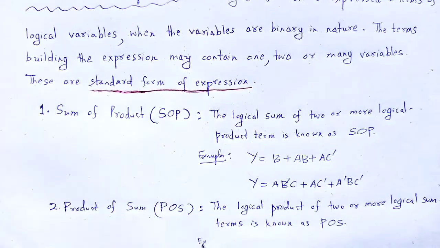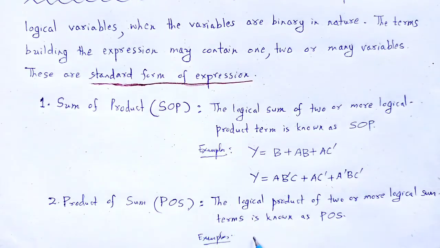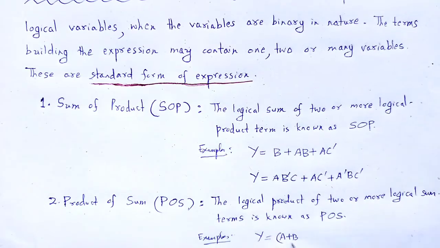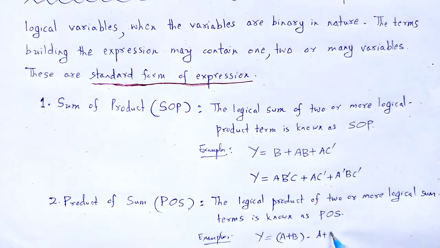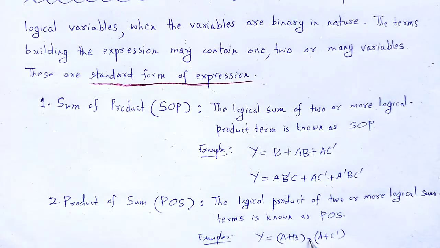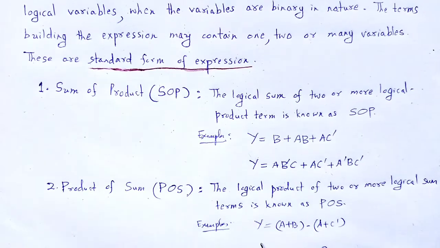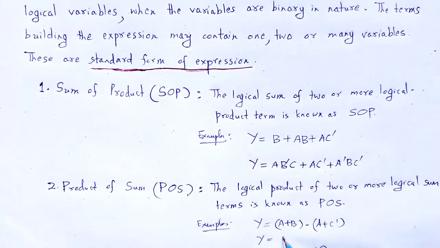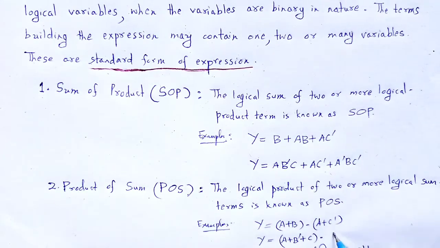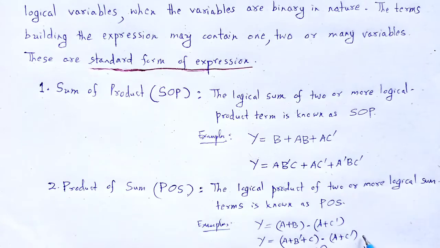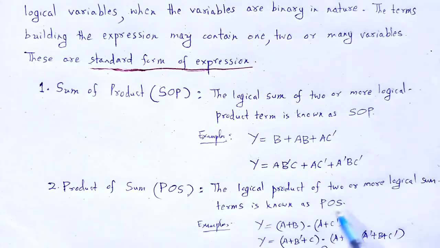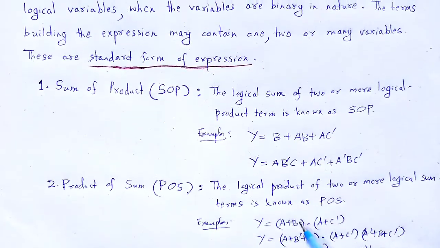Example, y = (a + b).(a + c'), that is the product of sum. Another example, y = (a + b' + c).(a + c').(a' + b + c'), that is the product of sum.